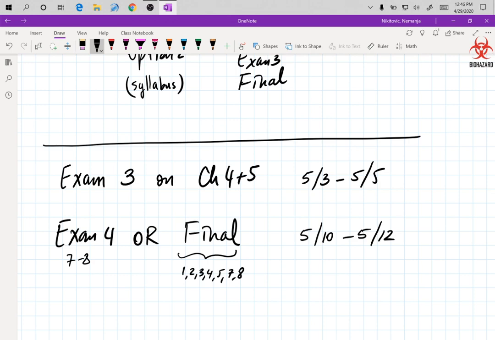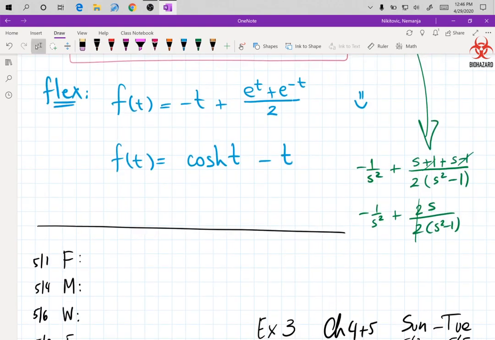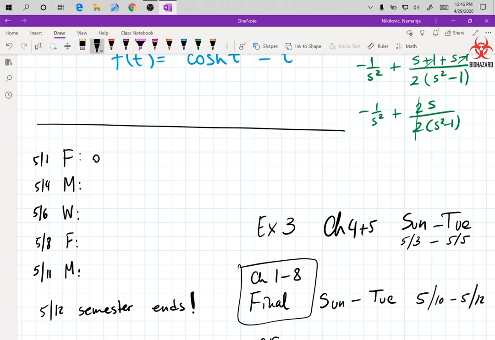All right, so next class, which is Friday, we are going to do a quick 7.3. That's going to take less than 30 minutes, plus review. And then we have 8.1, 8.2. Those are the important sections.